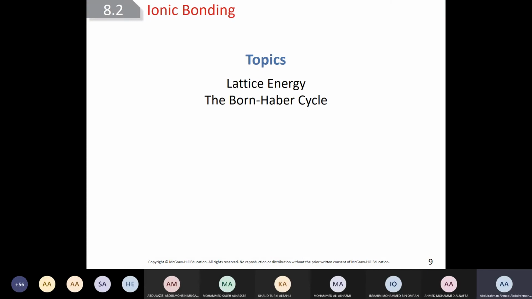Lattice energy. Lattice energy is an energy that we call capital U. What is lattice energy? The lattice energy is the energy required to take a solid ionic compound to make it gaseous ions.